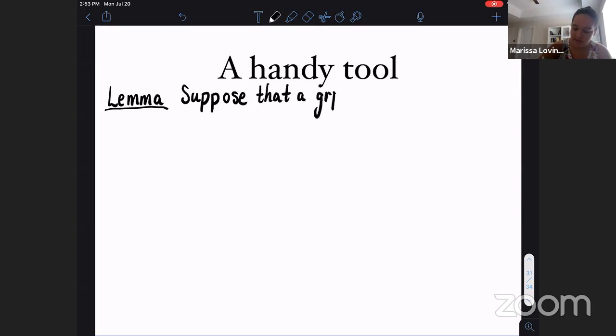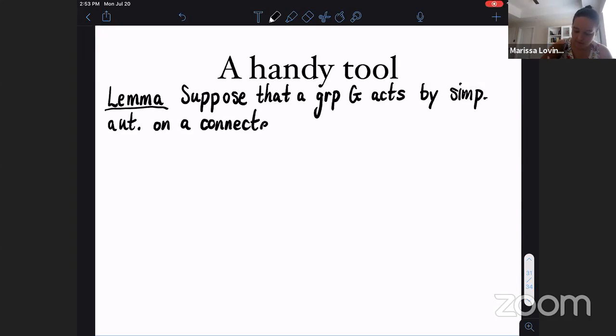So suppose that a group G acts by simplicial automorphisms on a connected one-dimensional simplicial complex. So here it really is a graph. I'm not having any higher dimensional faces.